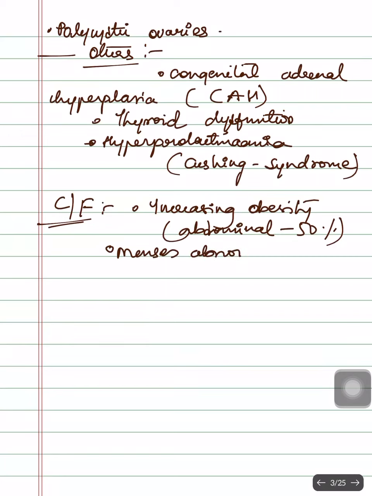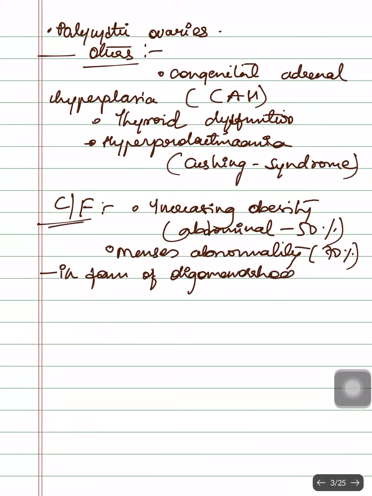Second one is menstrual abnormalities, about 70%, in the form of oligomenorrhea, amenorrhea, or dysfunctional uterine bleeding, which is DUB.